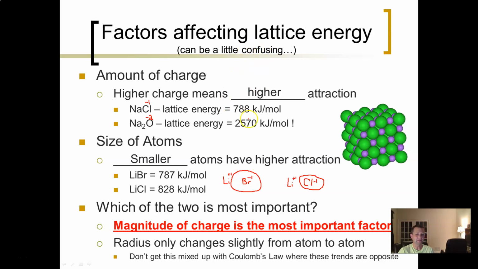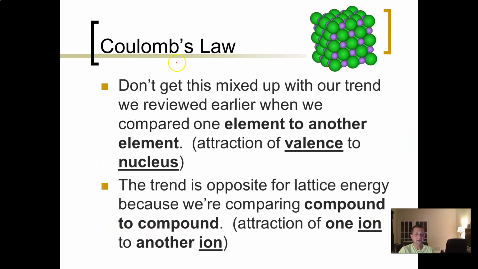Here, that's not the more important factor, okay? It's the second factor. Charge is what outweighs that here, because we're focusing on something different, right? We're creating ionic compounds here. So ionic compounds are formed because of attraction of positive and negative, okay? So don't get this mixed up with our trend we reviewed earlier when we compared one element to another element. You compared chlorine to bromine, right?